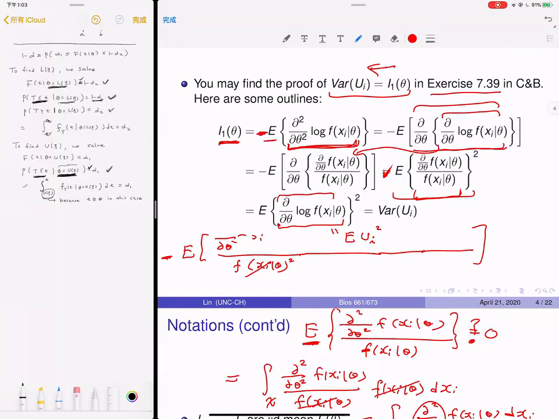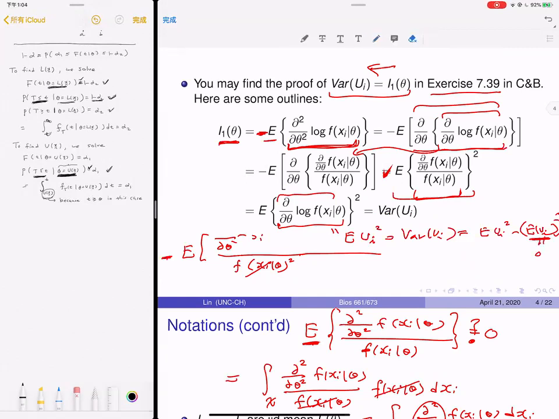Then how do I come up with the variance of Ui? Also straightforward, because I do know the variance equals the expected value of Ui square minus the expected Ui, then taking square, right? And then what does this term go to? Expected Ui, this guy is 0.